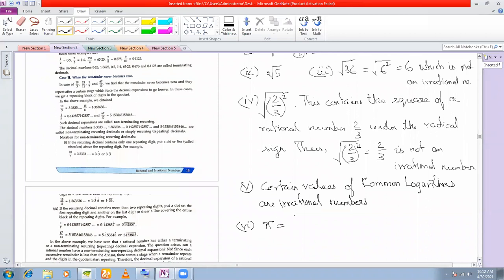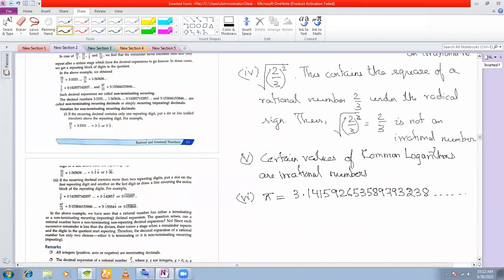The value of pi is actually 3.14159265358979323238 and it continues.